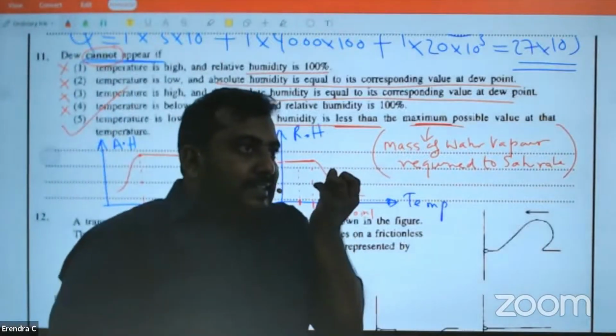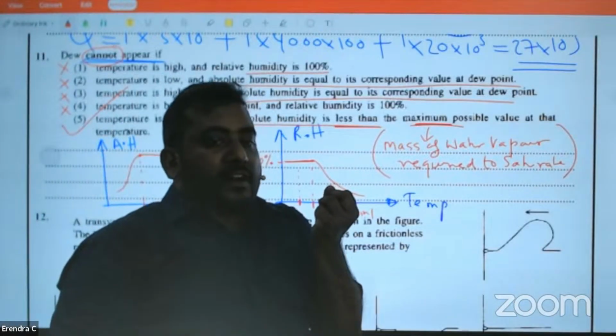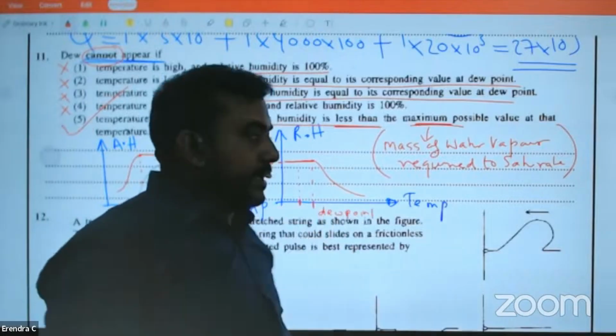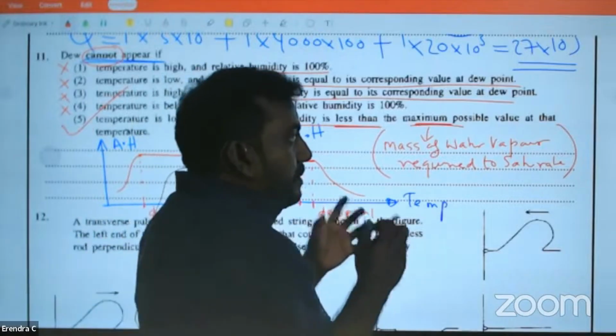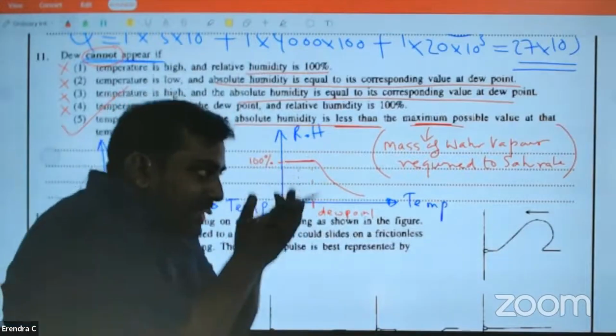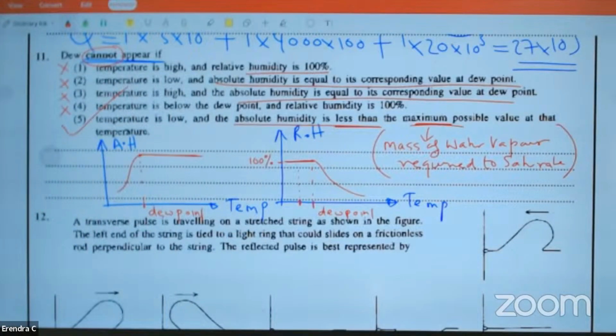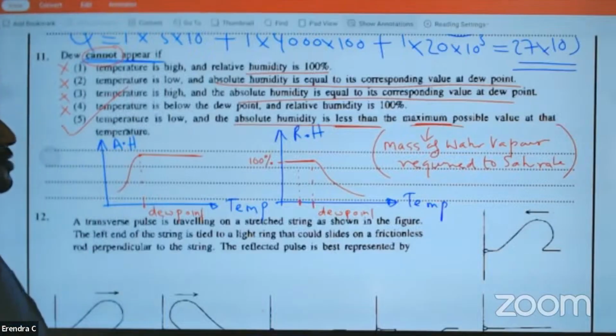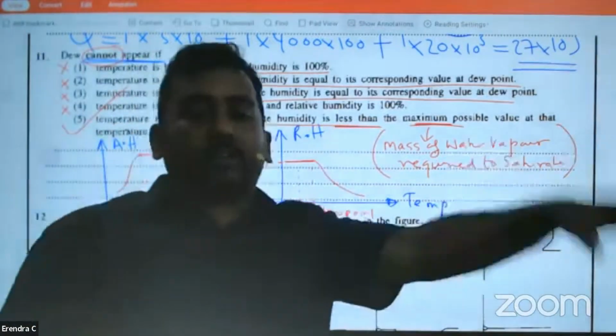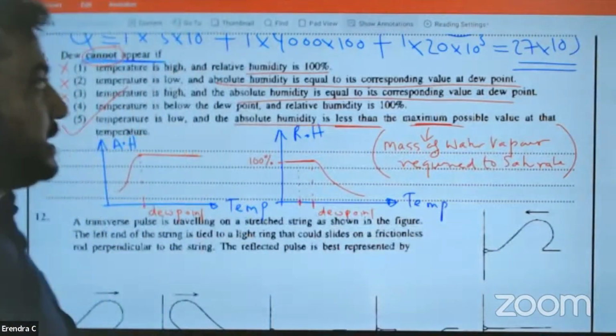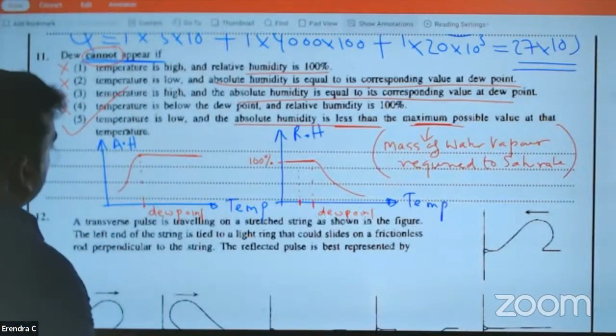If the existing mass of water vapor per volume is less than the maximum, saturation can never take place. So dew cannot form. Saturation can never take place. Therefore, dew cannot form.